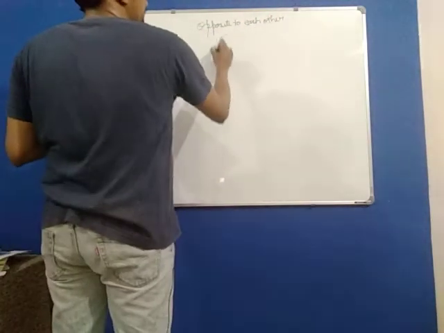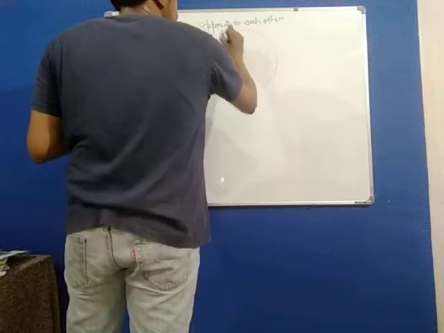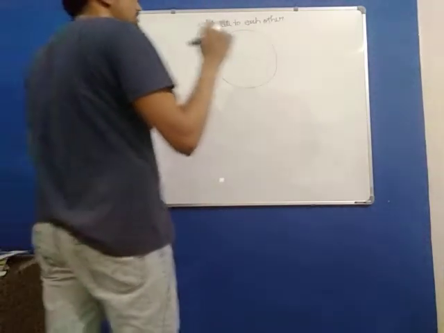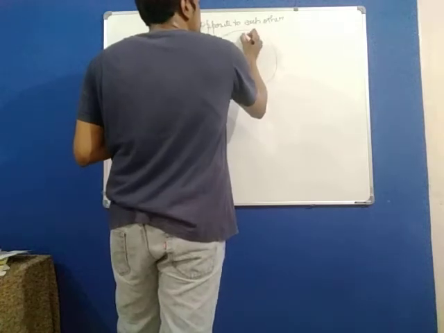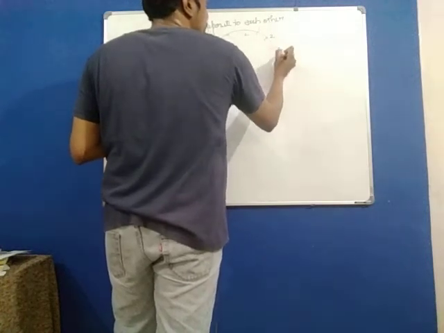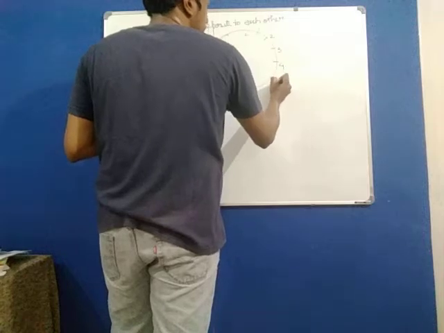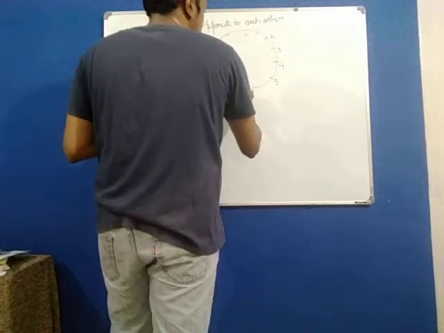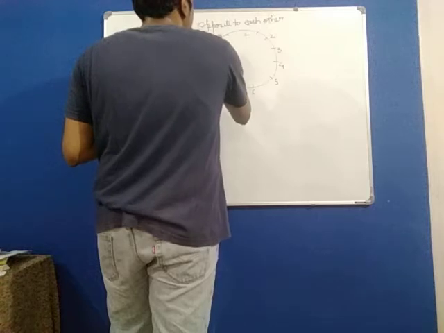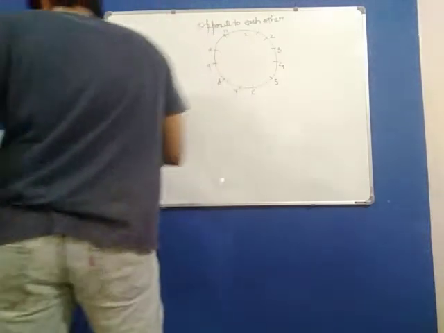So this is the diagram. It is almost similar to the diagram of coinciding of the hands. So this is 12, this is 1, 2, 3, 4, 5, 6, 7, 8, 9, 10 and 11.